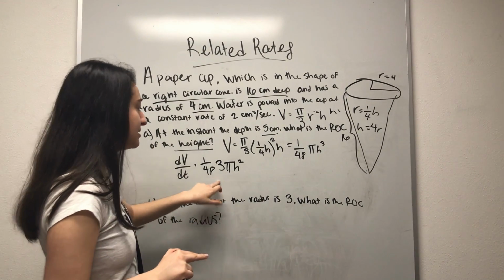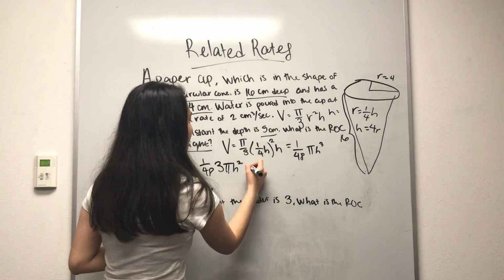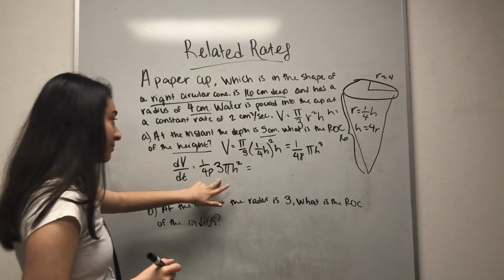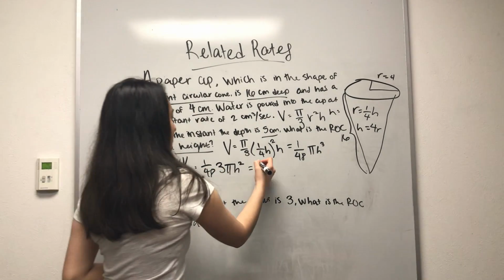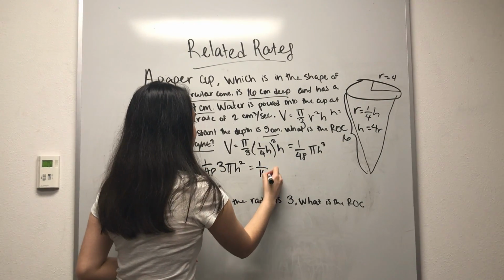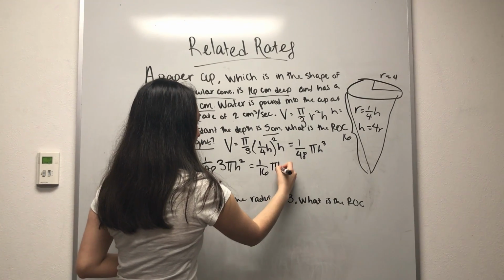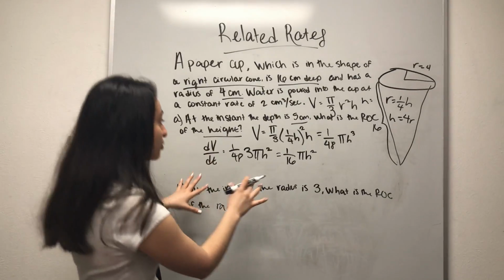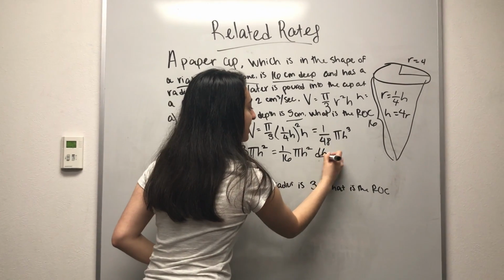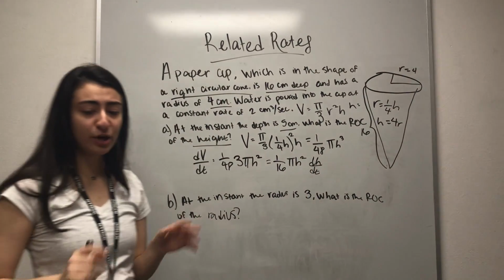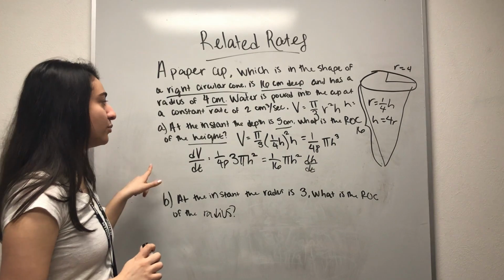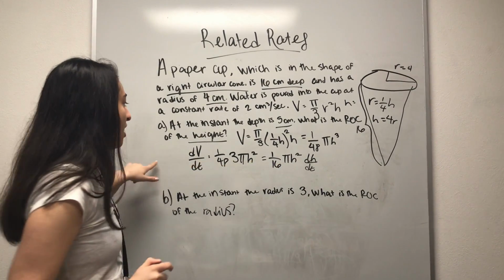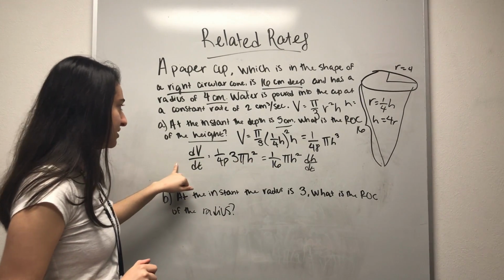We're just going to simplify this. If we divide by 3 on both sides, then we get 1/16 pi H squared. Okay, great. And because we took the derivative, it's going to be dH dt. We're almost done. We're not quite done with this first part yet, but that is what you need to know for dV over dt.